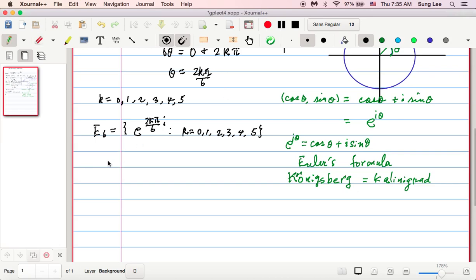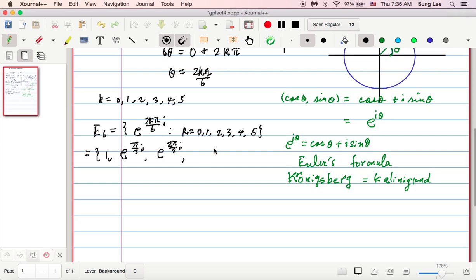So this equals 1. When k equals 1, e to the 2 pi over 6, that's pi thirds i. And when k equals 2, that's going to be e to the 2 pi thirds i.